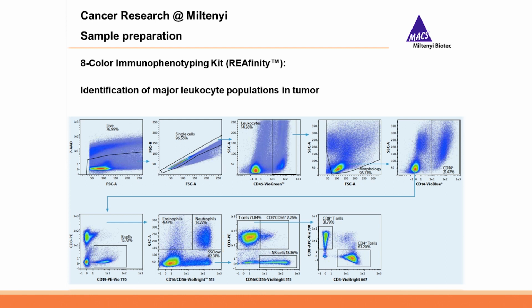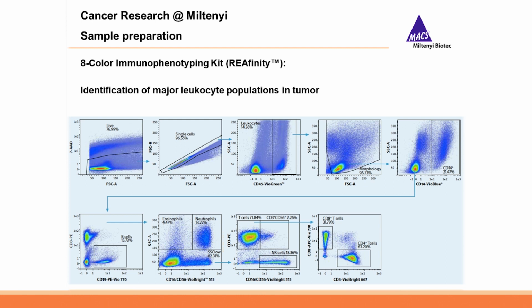We can then identify CD14 positive macrophages, and from the CD14 low population, we plot CD19 versus CD3 to identify B cells. From the non-B cell gate, we plot CD16 and CD56 in the same channel against side scatter to identify neutrophils and eosinophils.